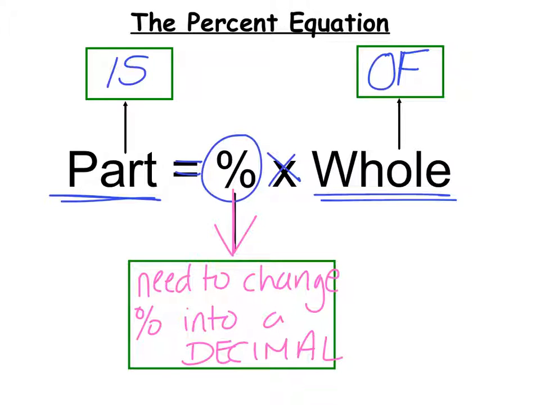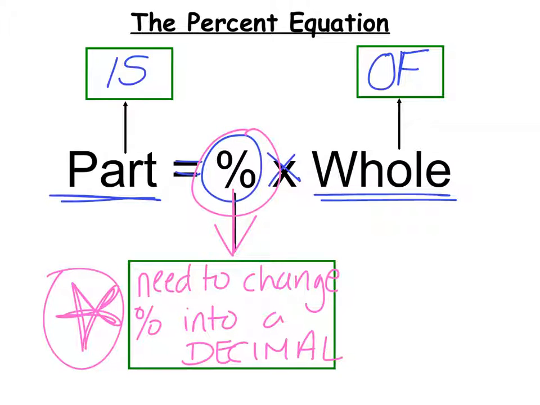If you don't change the percent into a decimal, your number is not going to be correct. So make sure you're very conscious of this today as we go through the problems. Our equation is part equals percent times whole. We have a couple keywords to be looking for, "is" and "of." And when you're using your percent, you change it into a decimal before it goes in the equation.